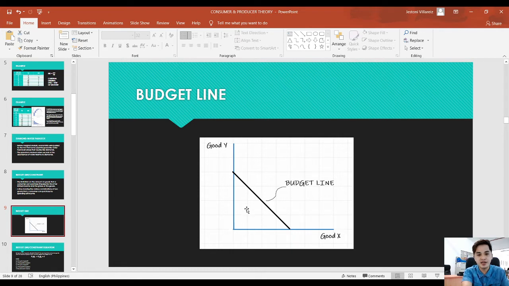Any point here is achievable, meaning within our budget, but it is not maximized. To maximize our output, given our limited budget, our purchases of good X and good Y should be just along the budget line.